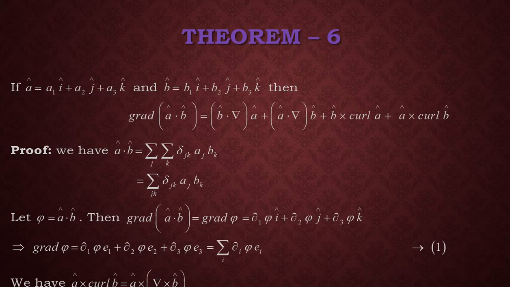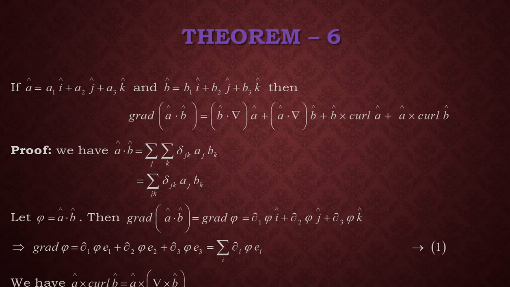Now let us take theorem number 6. In this theorem, we are going to prove another vector identity. As usual, A cap equals A1 i cap + A2 j cap + A3 k cap and B cap equals B1 i cap + B2 j cap + B3 k cap. These two are vector fields.